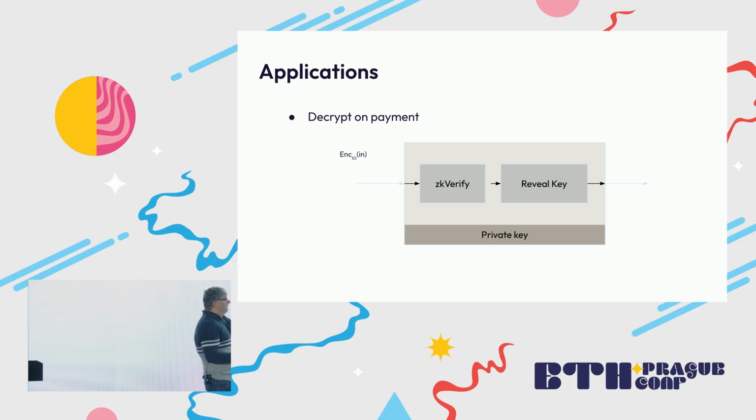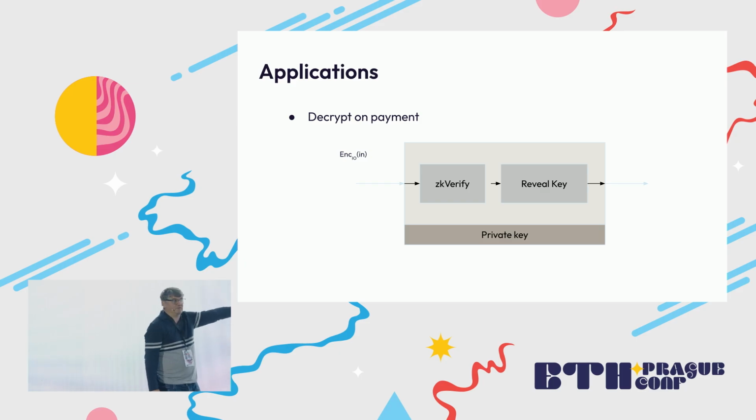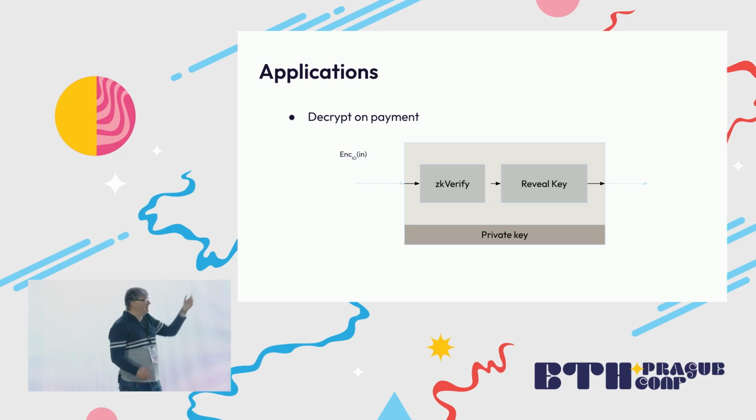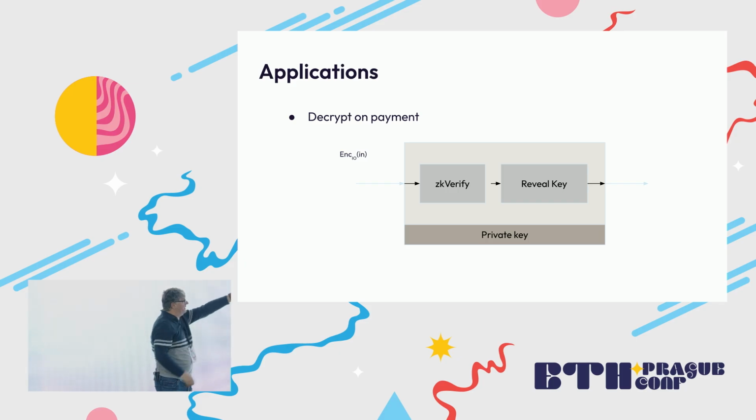In this box, you encrypt the key with some private key or some derivation of this private key. You encrypt the file, and then in this box, you do a verification. You can execute, or you can just verify, a SNARK verifier. So you prove that you sent some money to some smart contract, and if this happens, the code of this program reveals the key or the derivation of this private key.